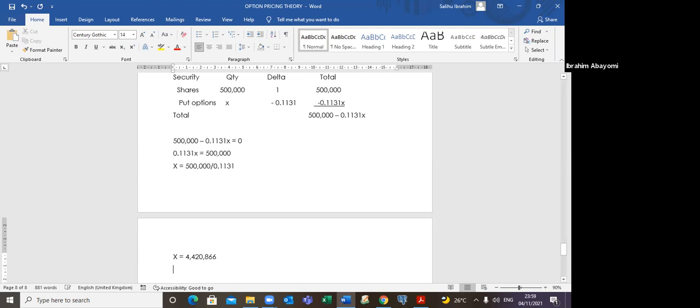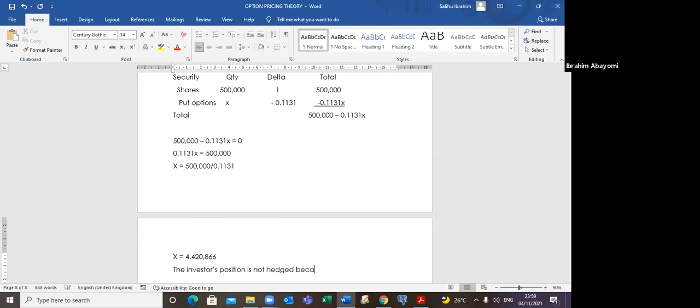4,420,866. So I can conclude that the investor's position is not properly hedged, or it's not hedged.